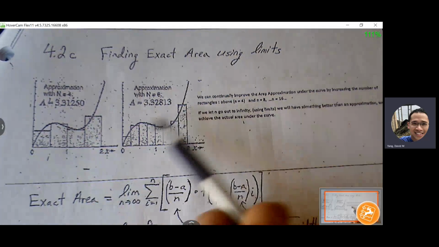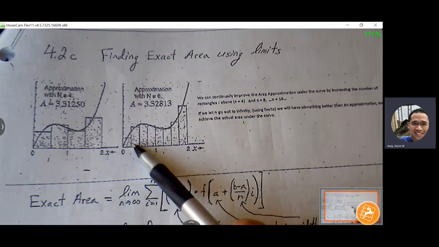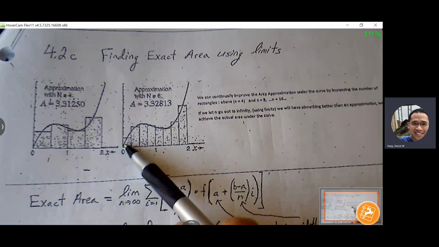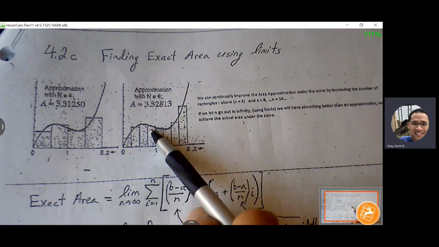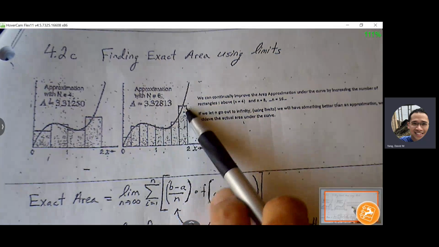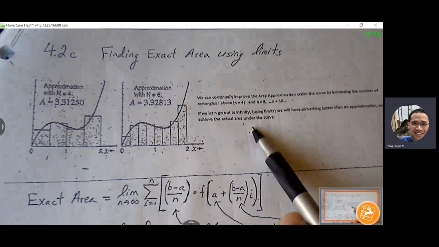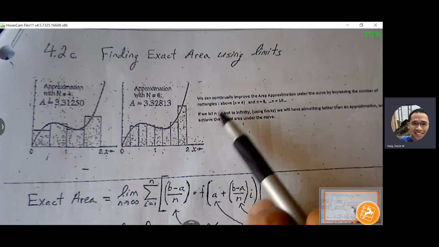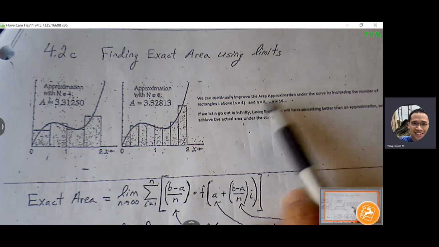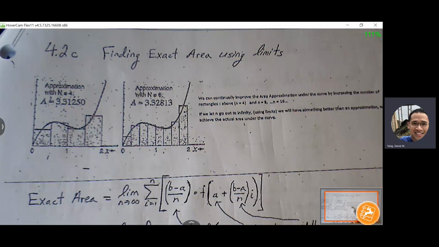But if we were to use more rectangles, the smaller rectangles will adapt to the sudden changes of the curve a lot better. There are still gaps, but we can definitely tell there are fewer gaps. So imagine if we were to approximate this region using more rectangles, like 16 or 32 or 100, the approximation should get better and better.